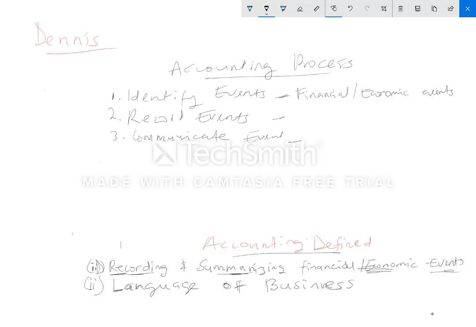Then once you identify them, you have to record, classify, and then summarize.